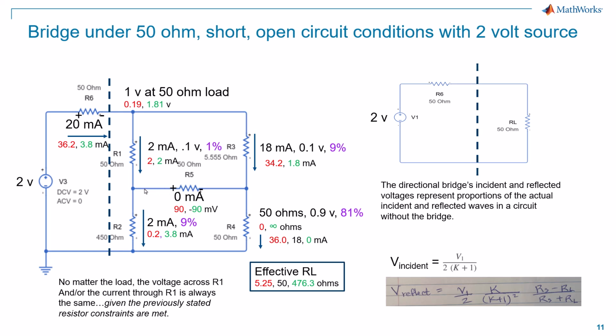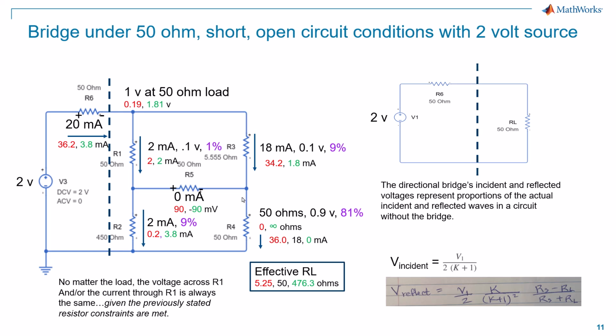In that particular case, the voltage drop across R5 will be positive from left to right. In fact, it'll be 90 millivolts, and you can figure that out with a shortcut. It's going to be a tenth of the voltage dropping across R4 in the balanced state, which is 0.9 volts.